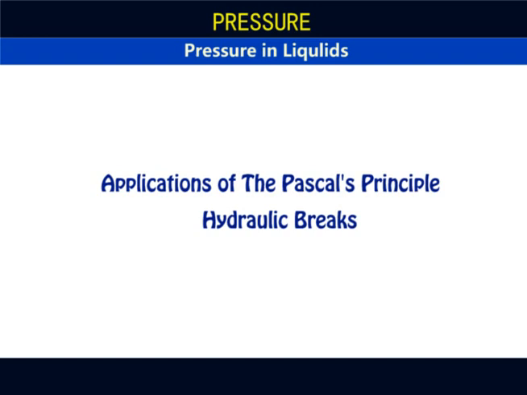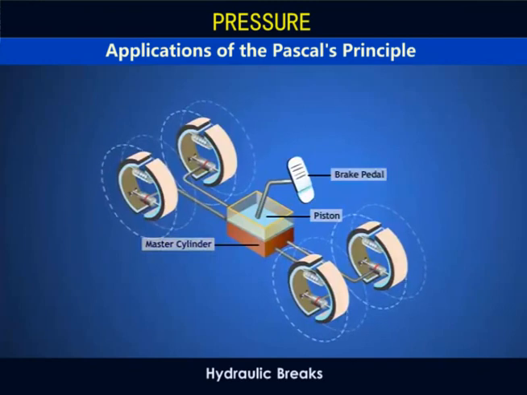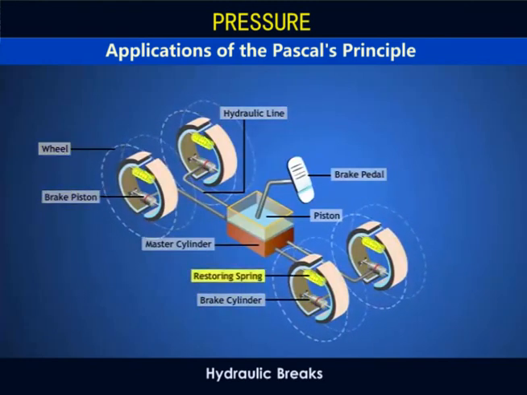Next, hydraulic brakes. Now, the hydraulic brake system consists of a brake pedal, a piston, a master cylinder, 4 hydraulic lines, 4 brake cylinders also called slave cylinders, brake pistons and restoring springs.